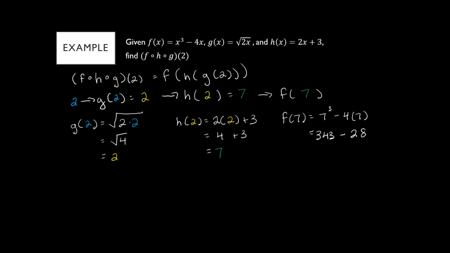So we have 343 minus 28, which gives us 315. So our final answer is 315. So F circle, oops, H circle G of 2 is 315.